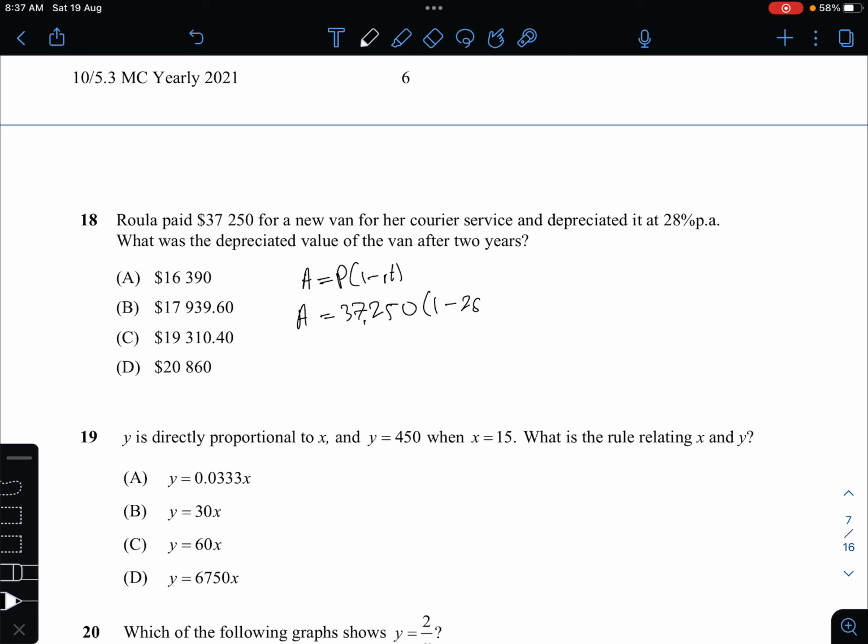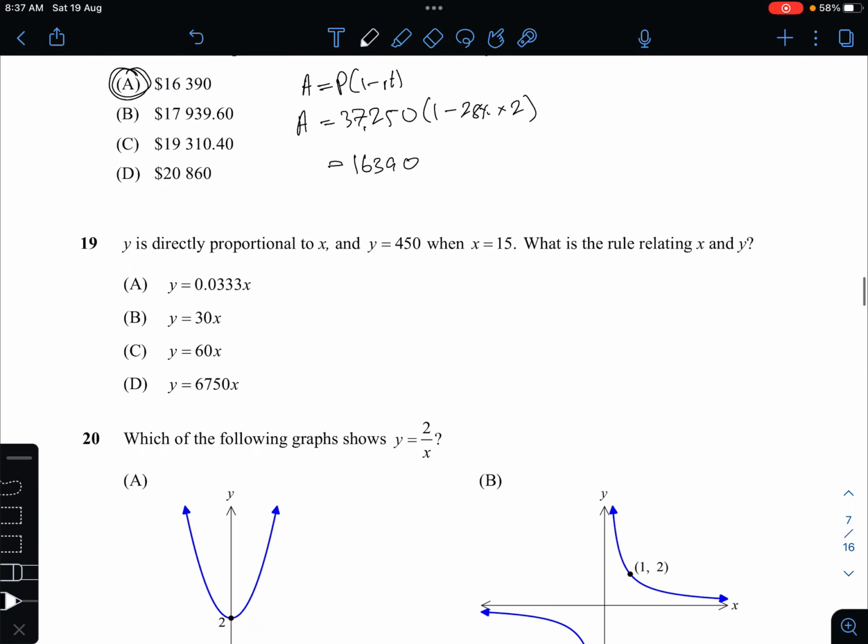R is 28%, and time is 2 years, equals 37,250 times 1 minus 0.28 times 2. And the answer is 16,390. Again, if these are wrong, I apologize, but I guarantee the rest of them won't be.